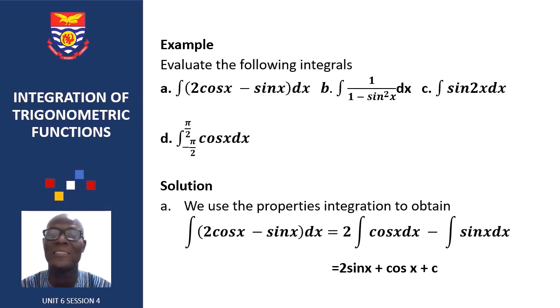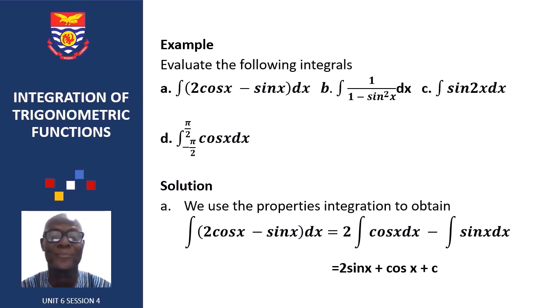C, the integral of sine 2x dx. D, the integral from negative pi over 2 to pi over 2 of cos x dx. Now let's look at the solution.